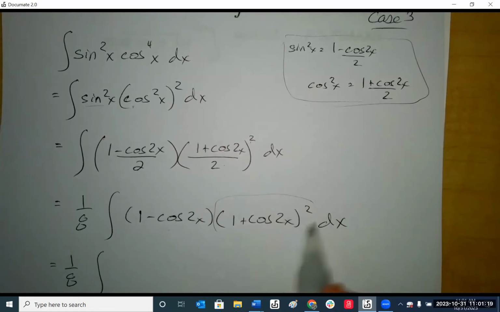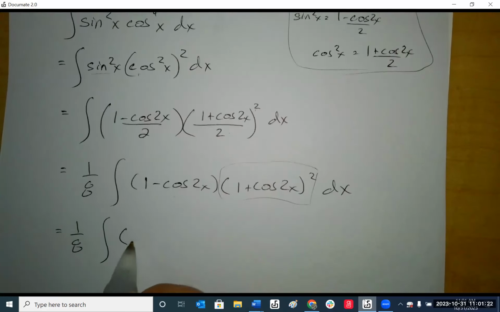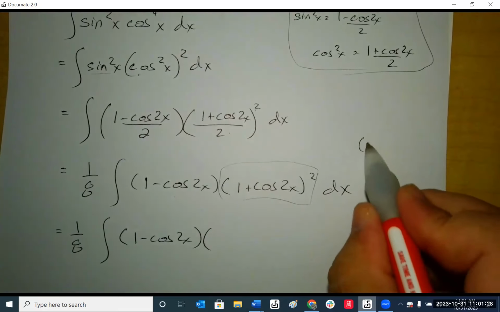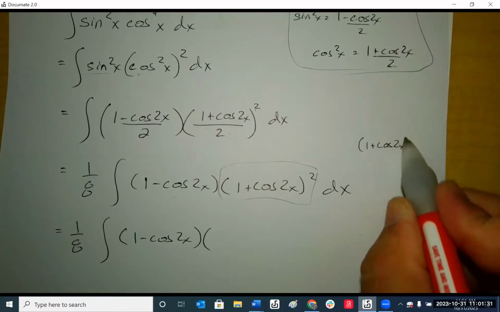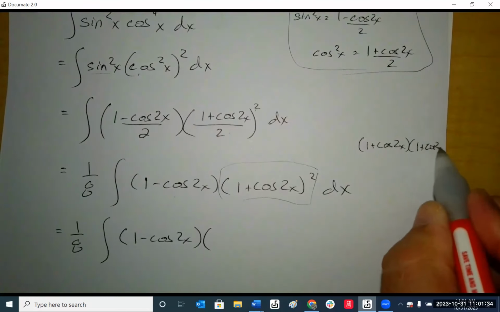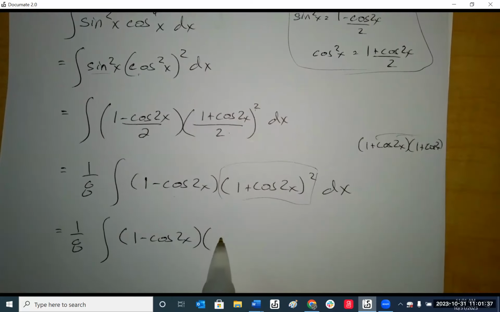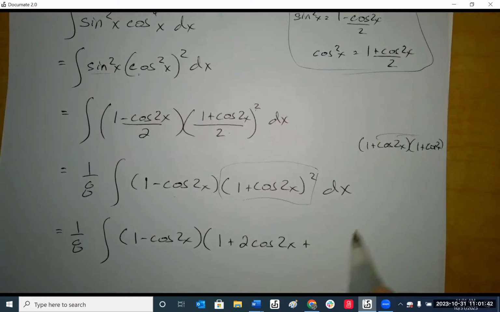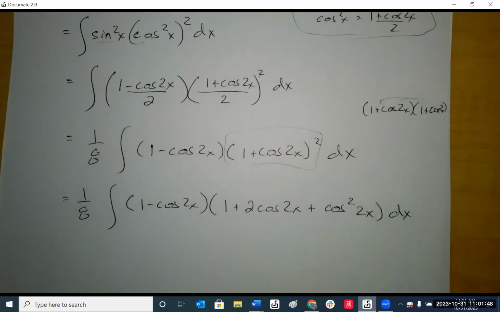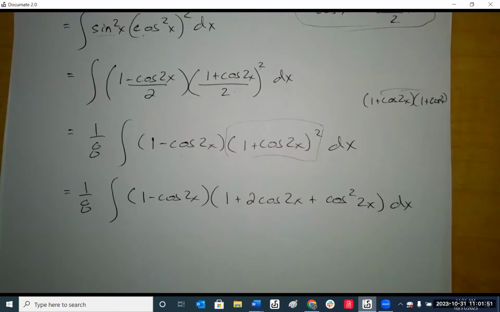Combine these two. I've got to go ahead and square this one first. So this is 1 plus cosine 2x times 1 plus cosine 2x. I've got to FOIL those out. I get 1 plus 2 cosine 2x plus cosine squared 2x. And now I've got to distribute all those and get rid of the parentheses.